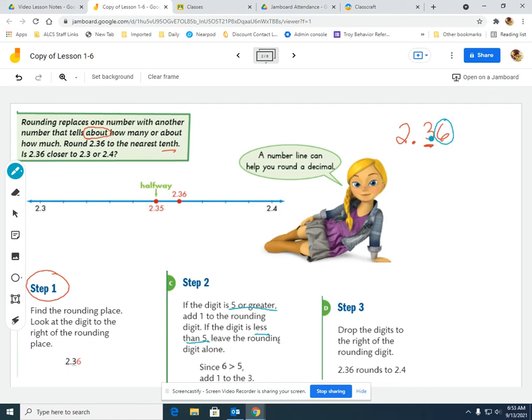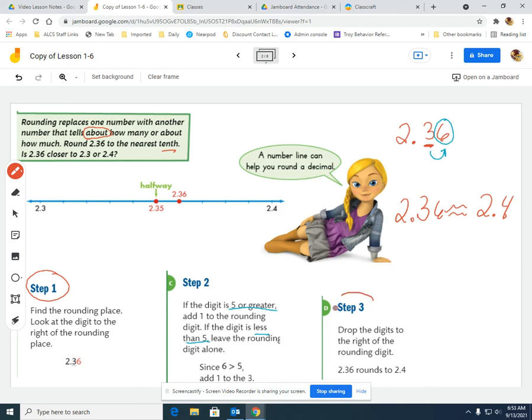So as I underline that 3 in the tenths place and I look over to that 6, well, 6 is more than 5. That means that 3 goes up 1 digit. So 2 and 36 hundredths will round or be about equal to 2.4 or 2 and 4 tenths.